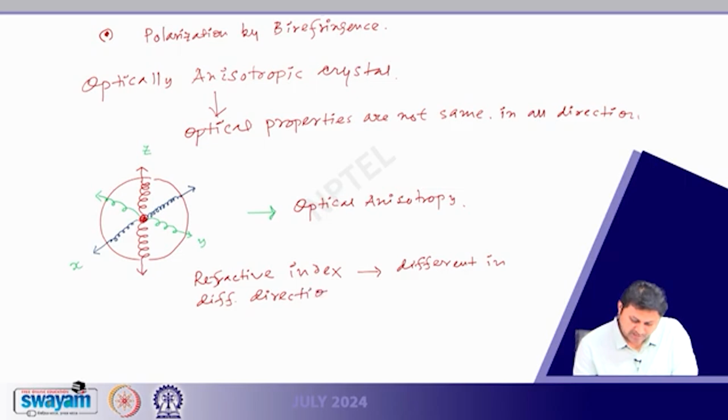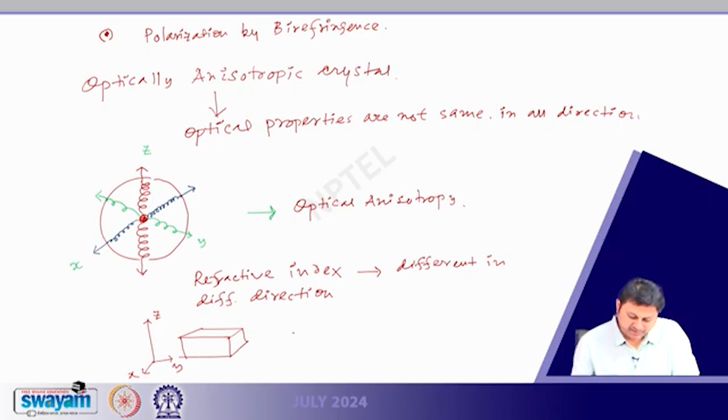So, suppose we have a crystal here like this, and if I assume the axes like this, x, y and z. If I move along the x direction, if I move along the y direction, and if I move along the z direction, the refractive index may not be the same, and that is the main feature of an anisotropic crystal.